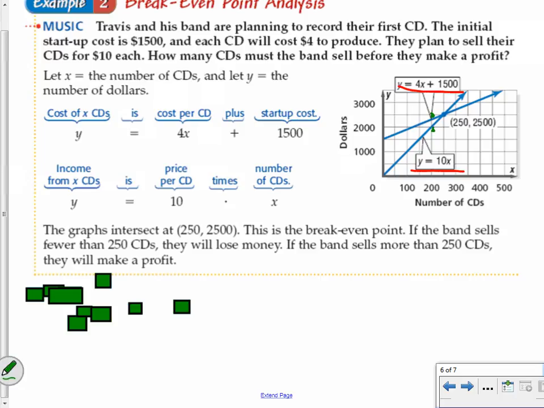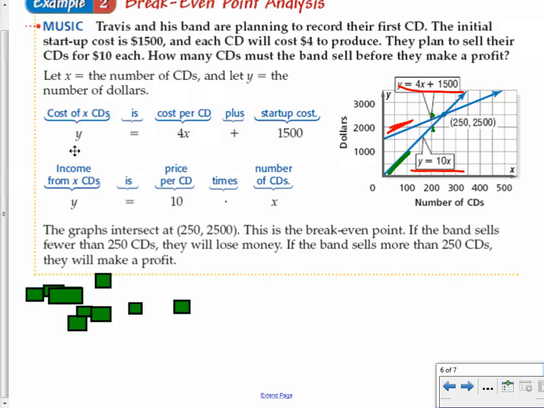This line down here is their income, or their revenue. The top line up here is their cost. Up here, their cost is more than their revenue, which means they're losing money anywhere before 250 CDs. Anytime after selling 250 CDs, they're actually making a profit.